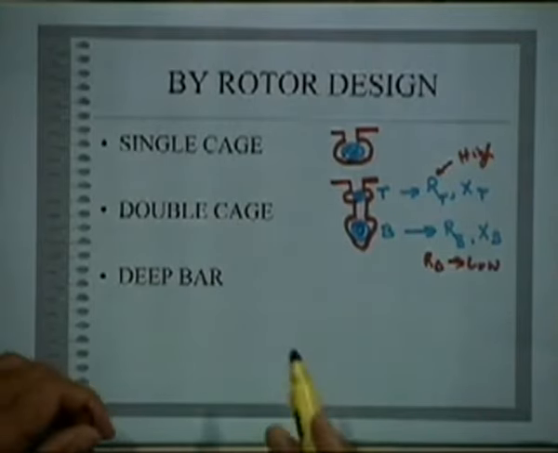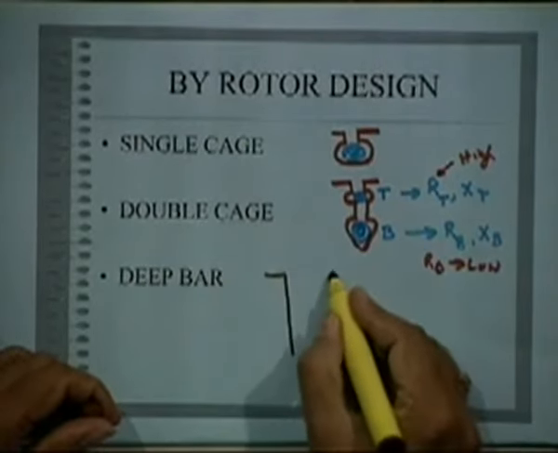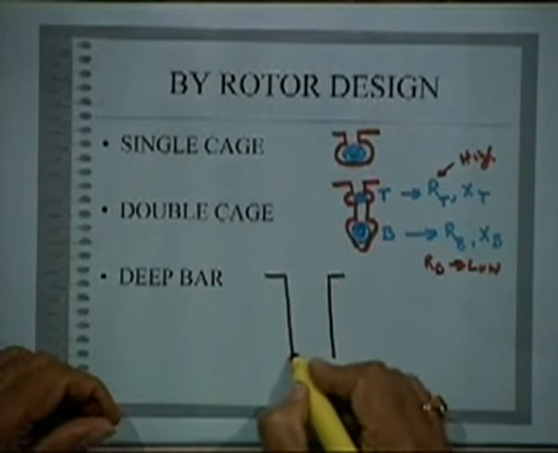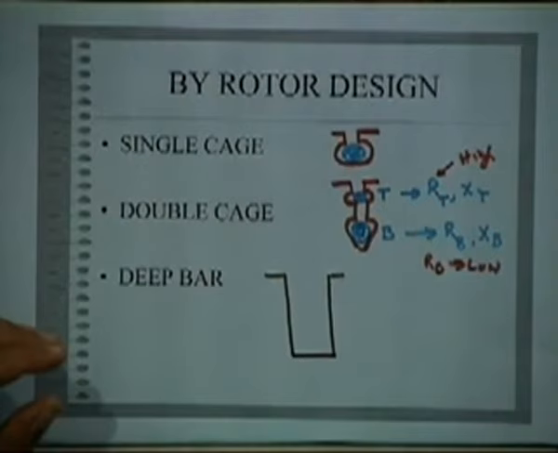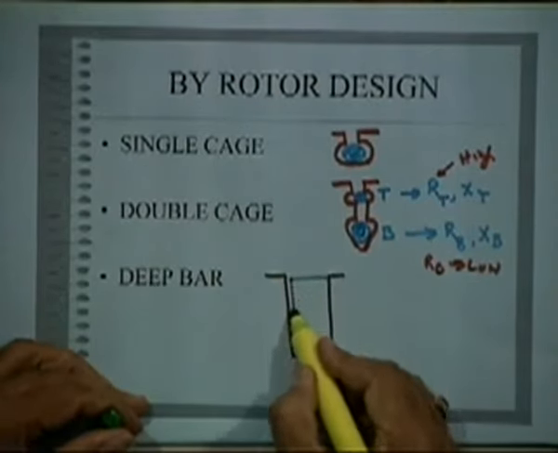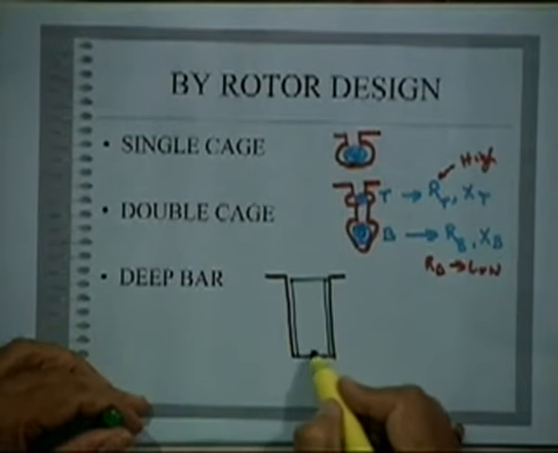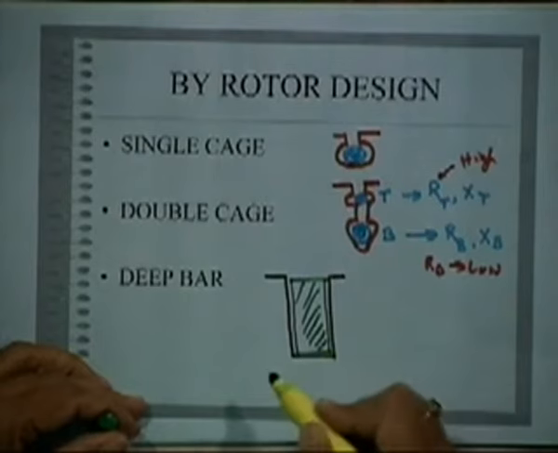And the third one is called a deep bar. You make the bar deep and then fill it up with the conductors. So this is a deep bar rotor.